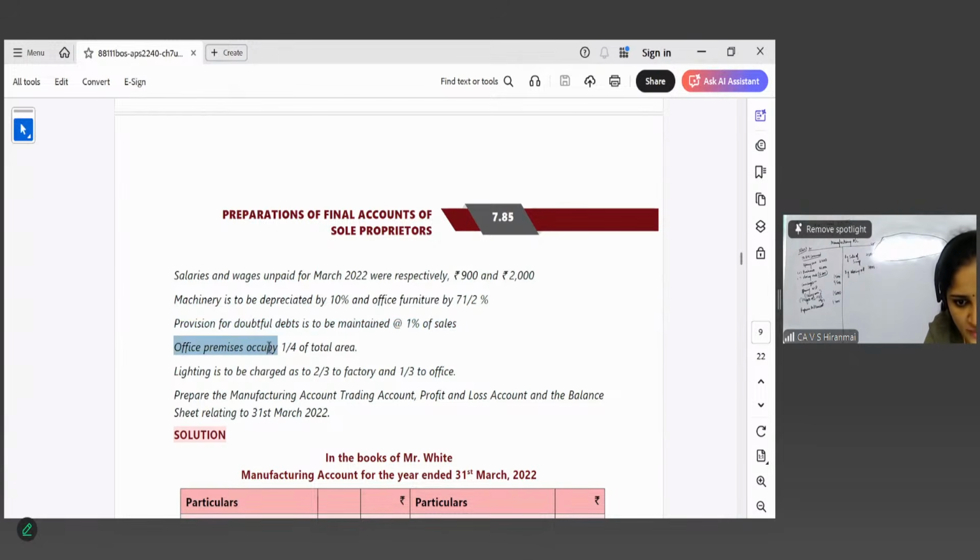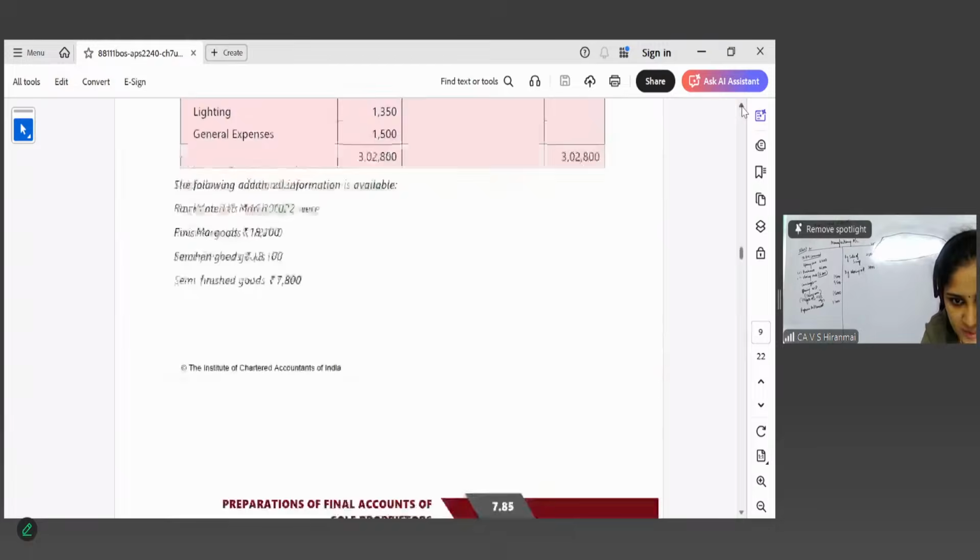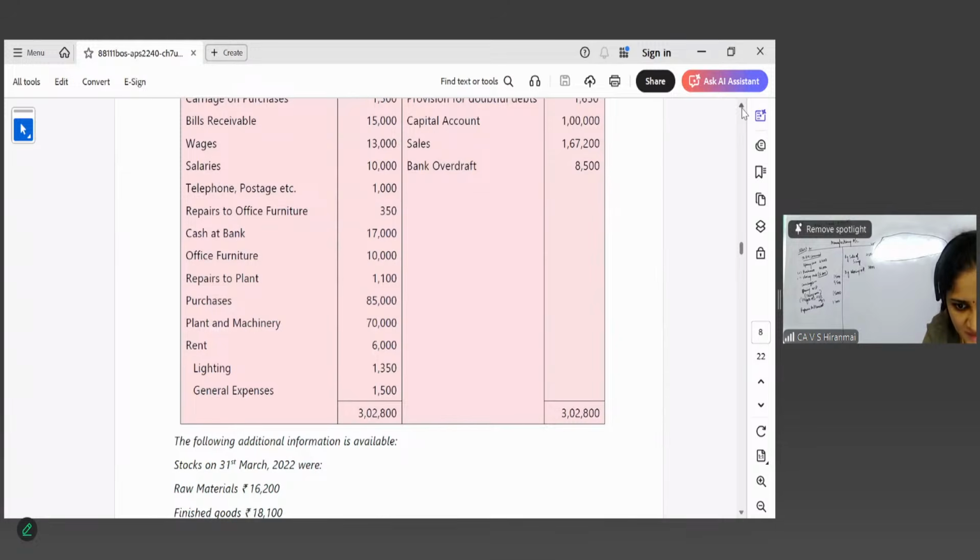Now please see, office premises occupy 1/4 of the total area. Lighting is to be charged 2/3 to the factory, 1/3 to the office. So first, what is the machinery value? Can we all check? The machinery value will be 70,000. On that, do you have any additions?